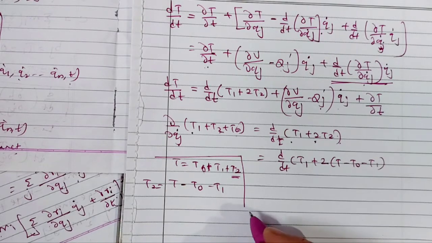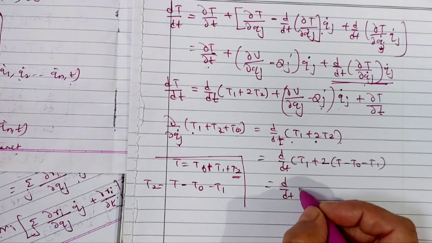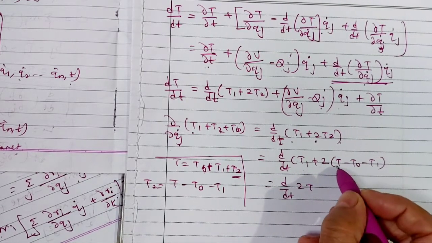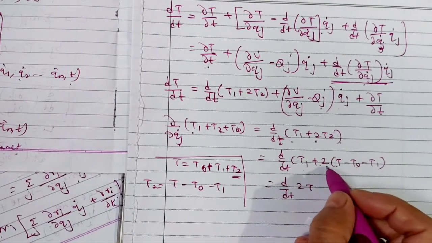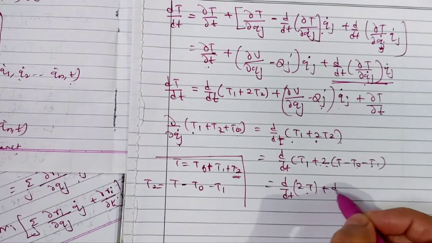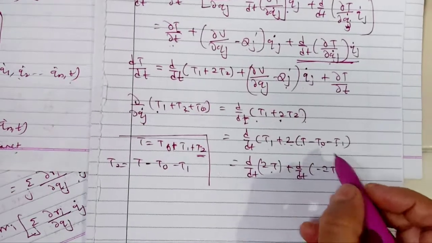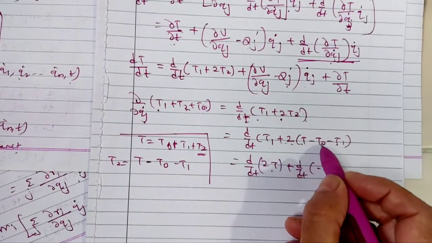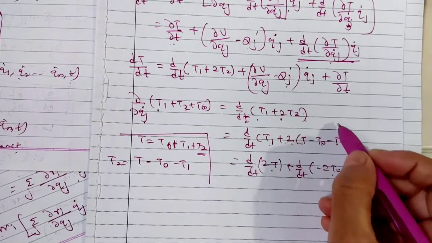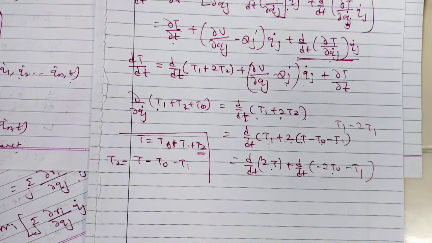Clear? So separate out the terms. We get d/dt of T1 plus 2T minus 2T0 minus 2T1. So 2T first term has come, plus d/dt of minus 2T0, and minus T1, because this is T1 and this is minus 2T1, it will become minus T1.